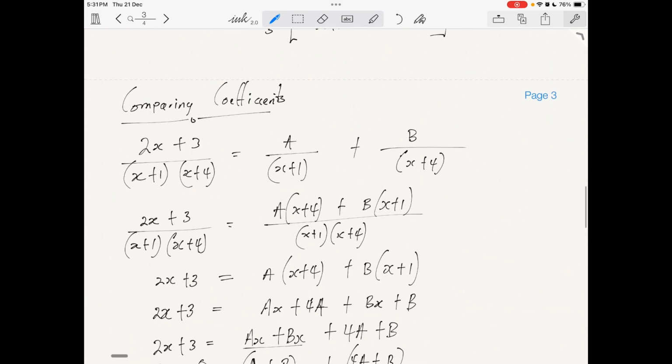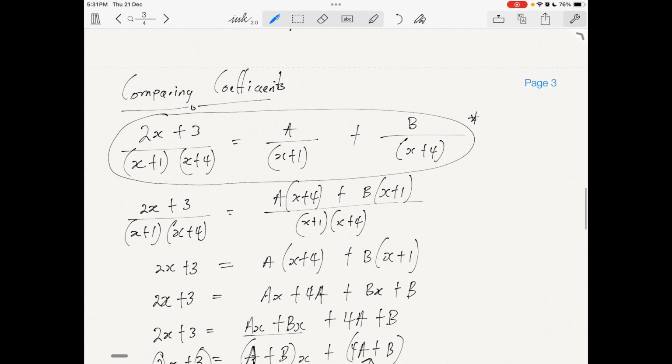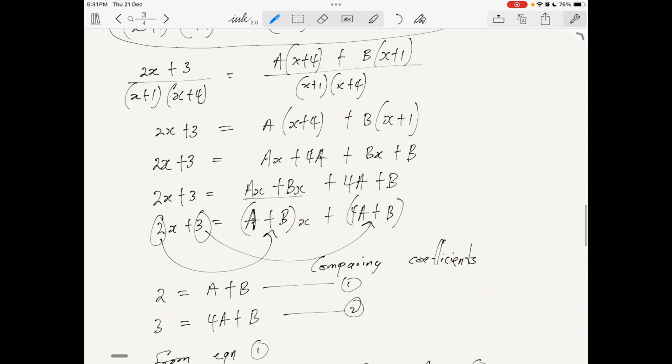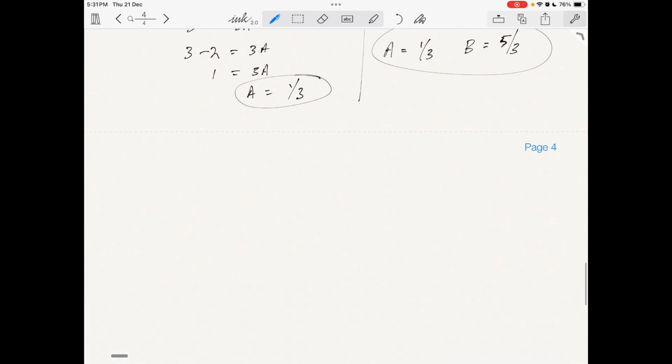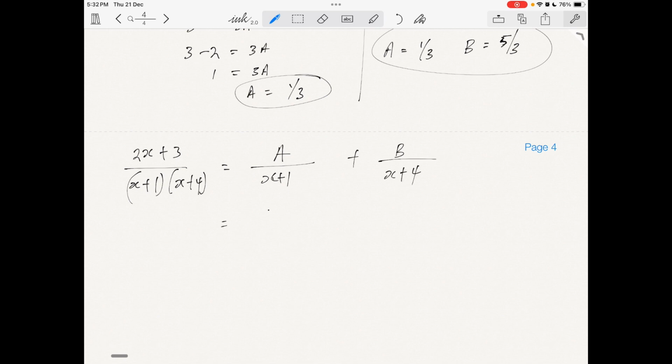As usual, we have to remember to go back to the genesis of the problem. So we will recall that (2x + 3) over (x + 1)(x + 4) is equal to A over x + 1 plus B over x + 4, and our A is 1 over 3 divided by x + 1, plus our B, 5 over 3 divided by x + 4.